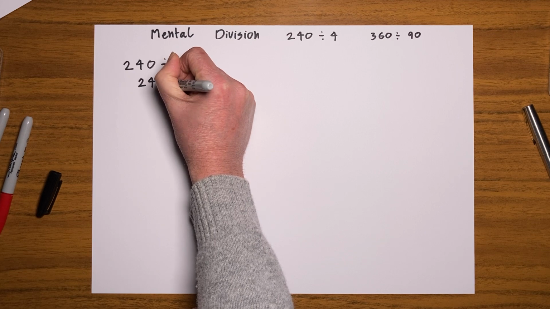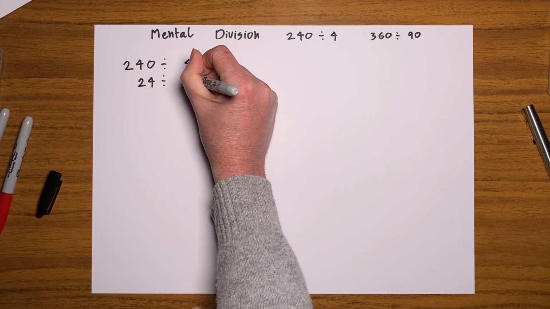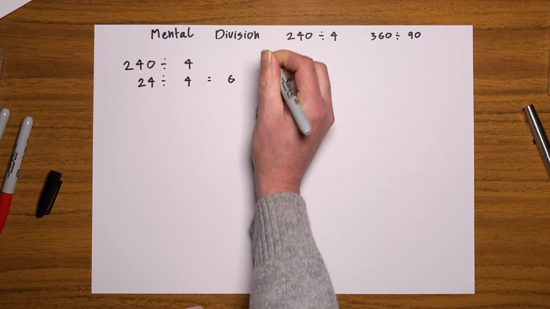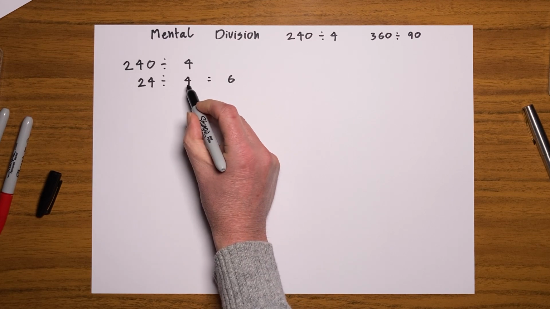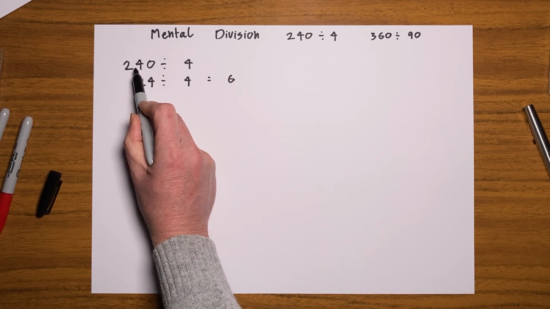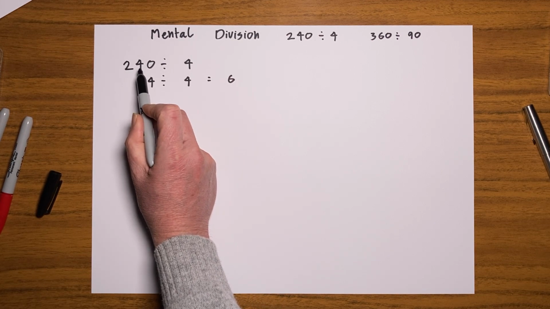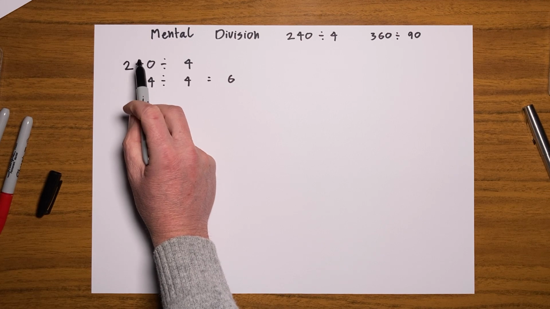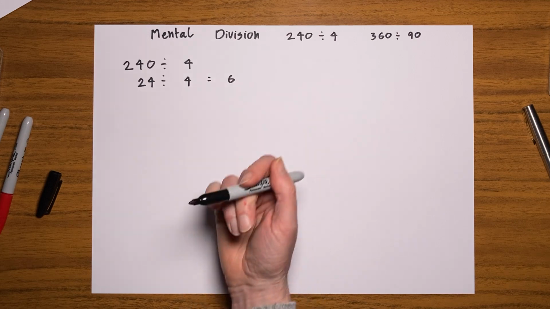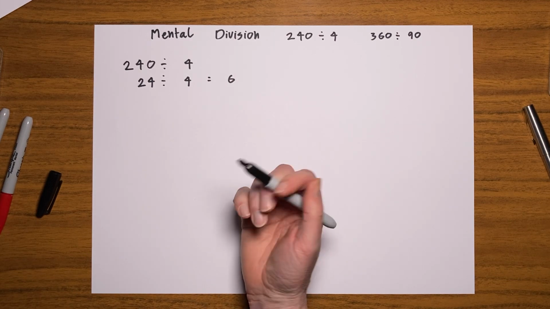I do know that 24 divided by 4 equals 6. I know that 6 times 4 equals 24. Now, I started off with 10 times as much at the beginning. If I started off with 10 times as much, and I shared it with still 4 people, they must each get 10 times as many of whatever I'm sharing.